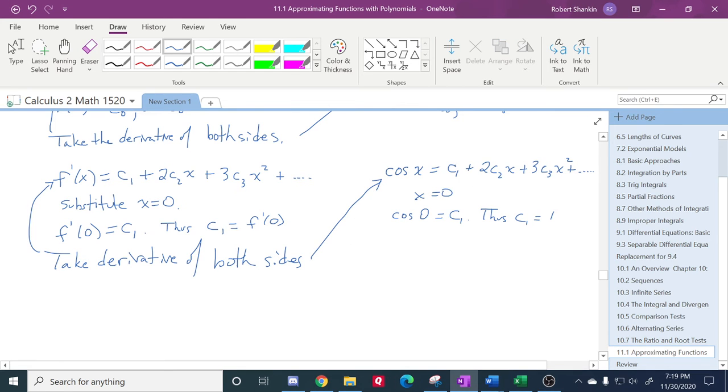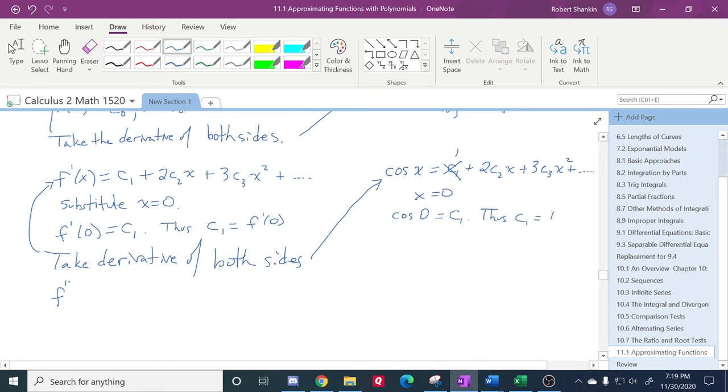Now this C1 could have been replaced with 1, we knew that. This could have been replaced with F prime of 0. But it doesn't really matter. If you take the derivative of both sides, what do you get?